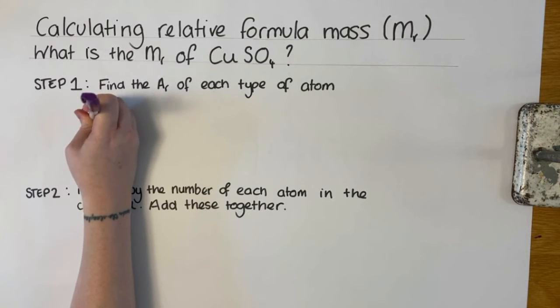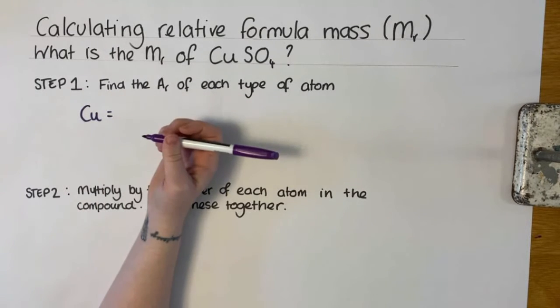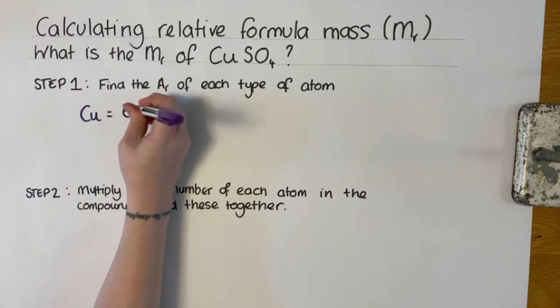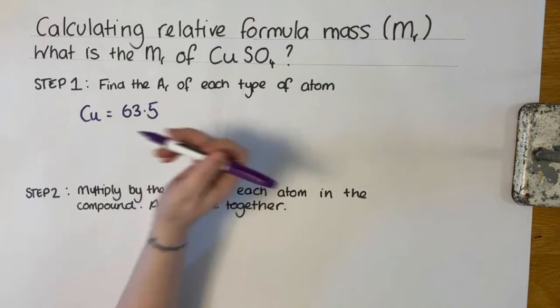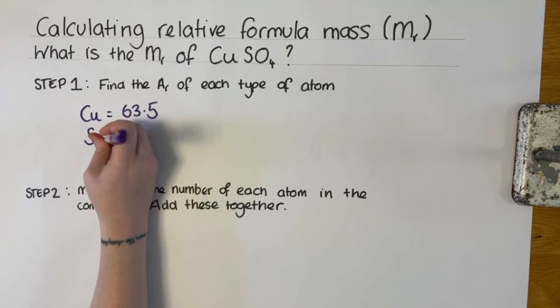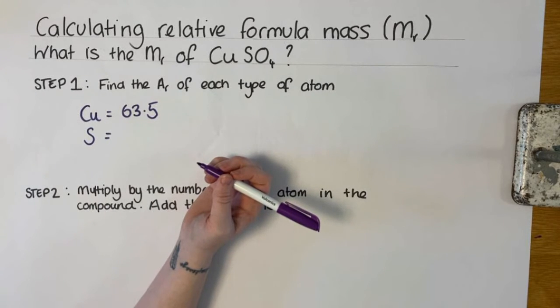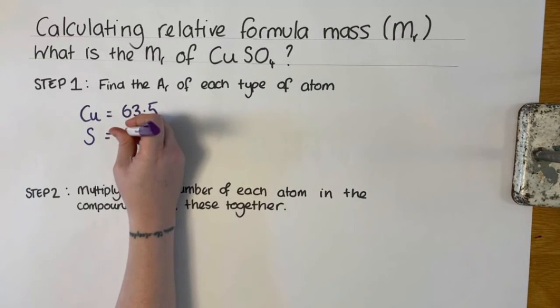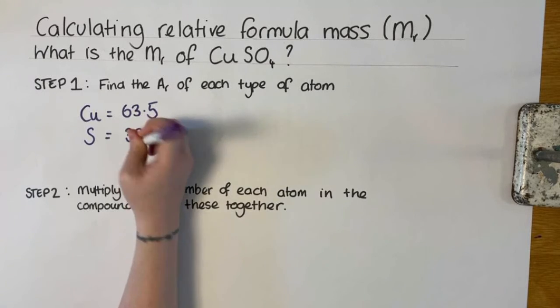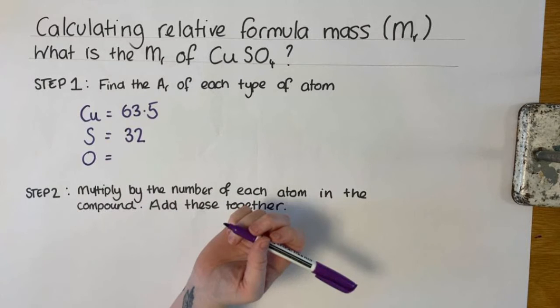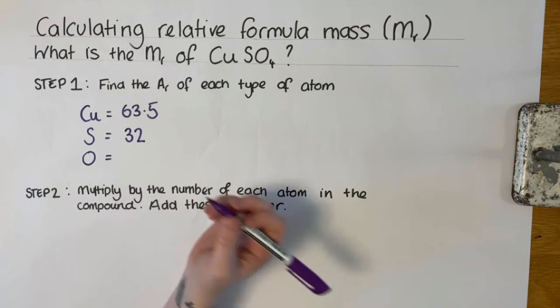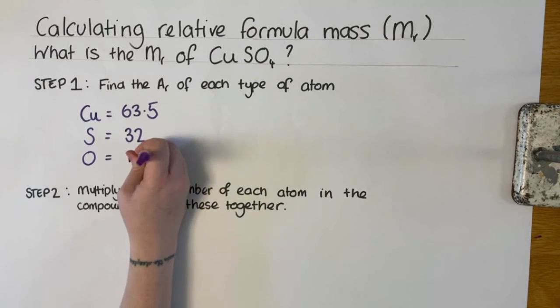So copper, if we look it up on the periodic table, has a relative atomic mass of 63.5. S is sulfur, and its relative atomic mass is 32. And oxygen, O, has a relative atomic mass of 16.